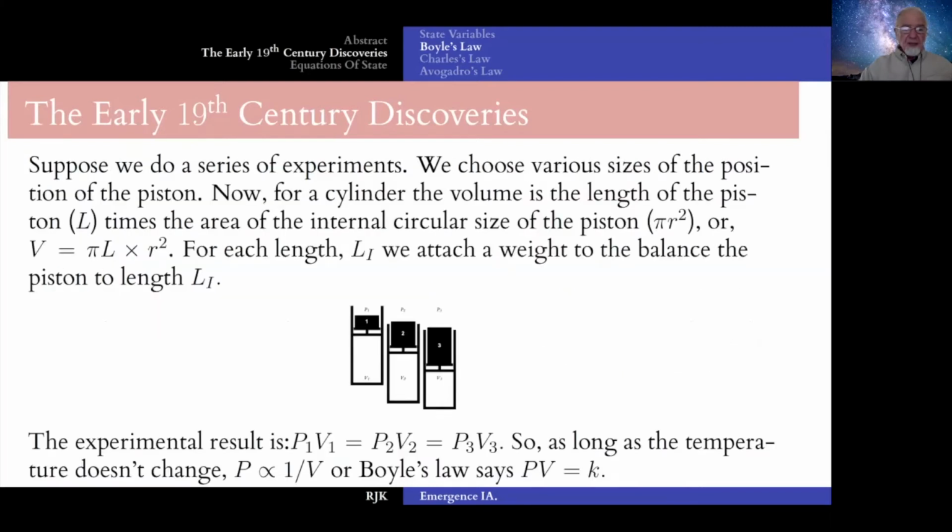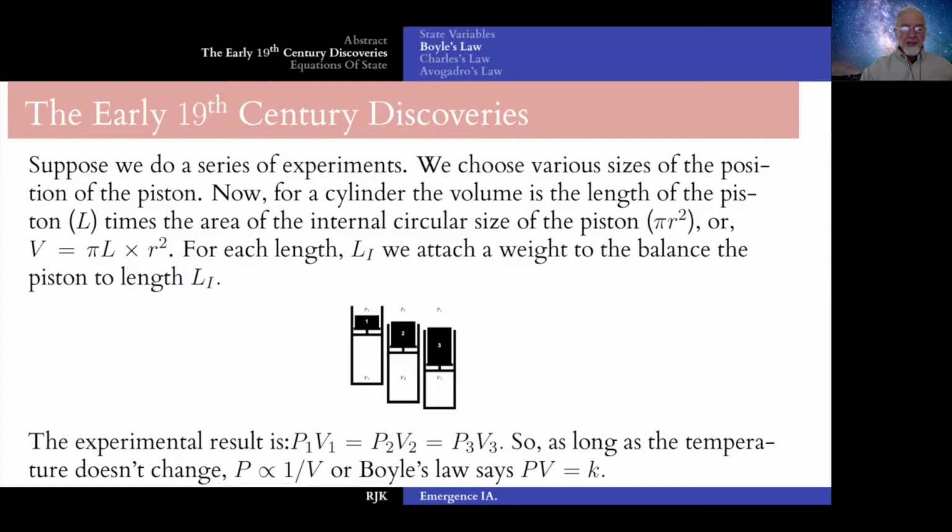So if we did a series of experiments, we could choose various sizes of position of the piston. And as I said, the volume of the piston is the length times the area of the internal circular size of the piston, pi r squared. So the volume is pi l r squared.